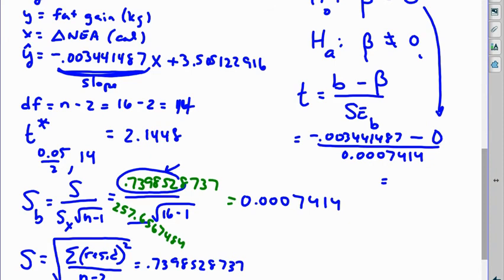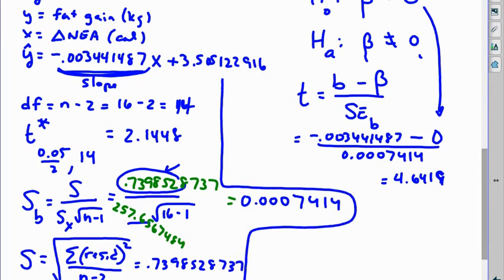This value is 4.641. And now we're going to find the p-value, which is the probability that our t will go above this value. Then, of course, we will need to double it because we are doing a two-tailed situation. The degrees of freedom is still 14. We get 1.90 times 10 to the negative 4.